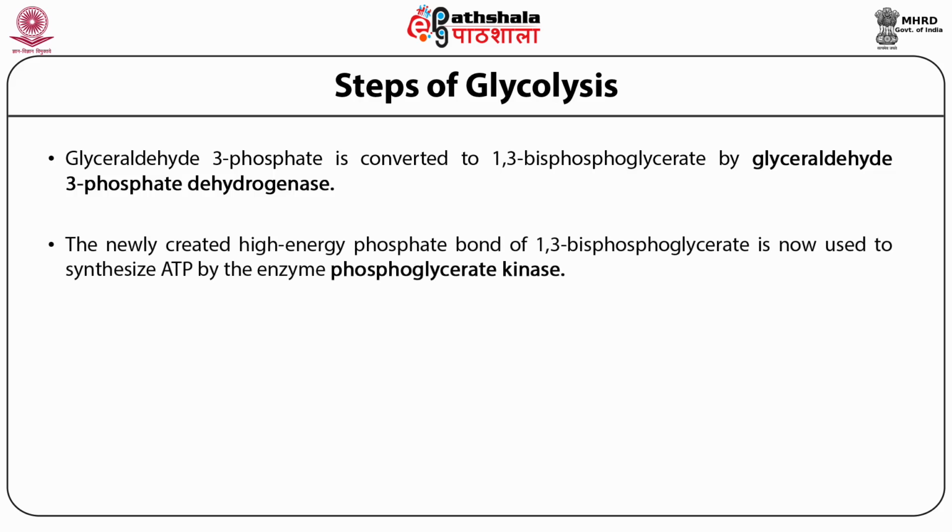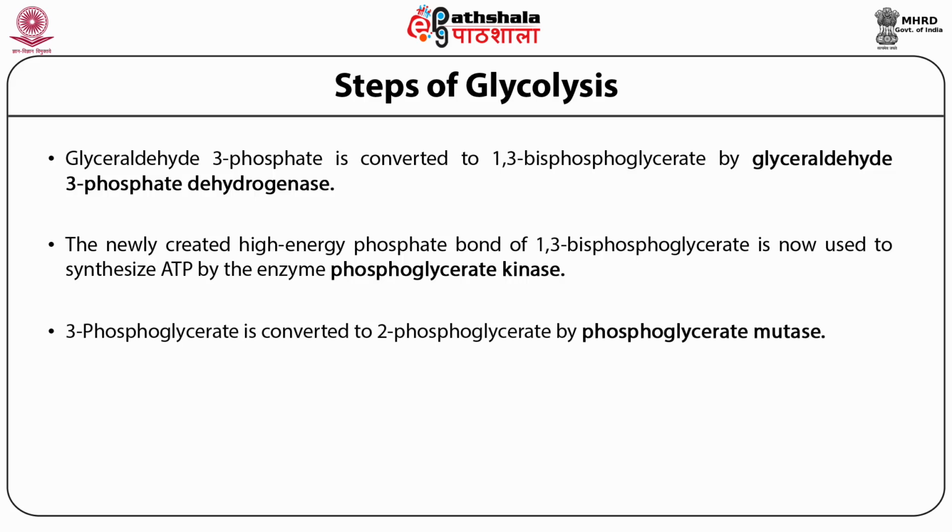The newly created high energy phosphate bond of 1,3-bisphosphoglycerate is now used to synthesize ATP by the enzyme phosphoglycerate kinase. 3-phosphoglycerate is converted to 2-phosphoglycerate by phosphoglycerate mutase.